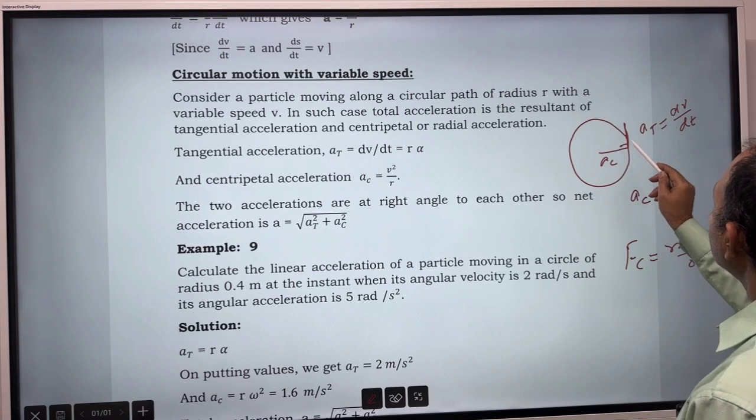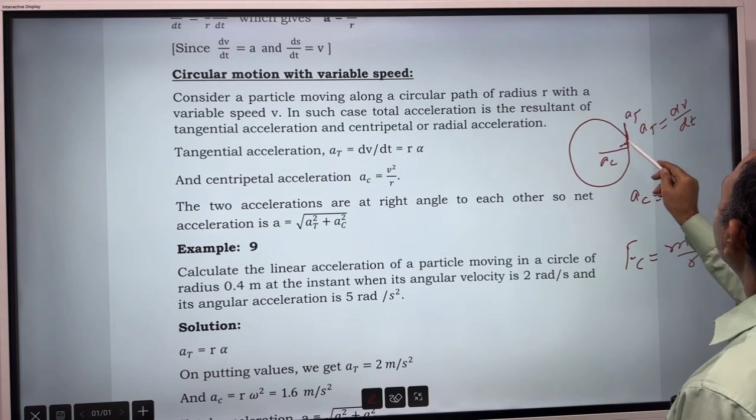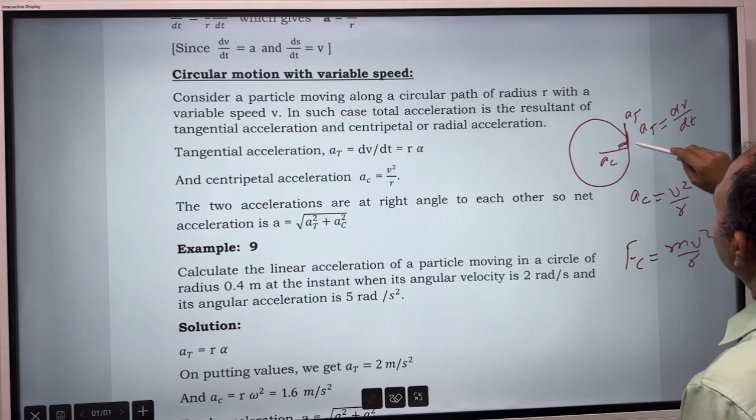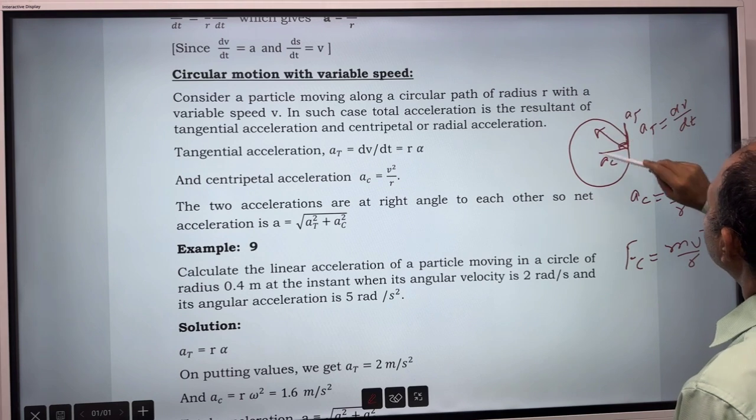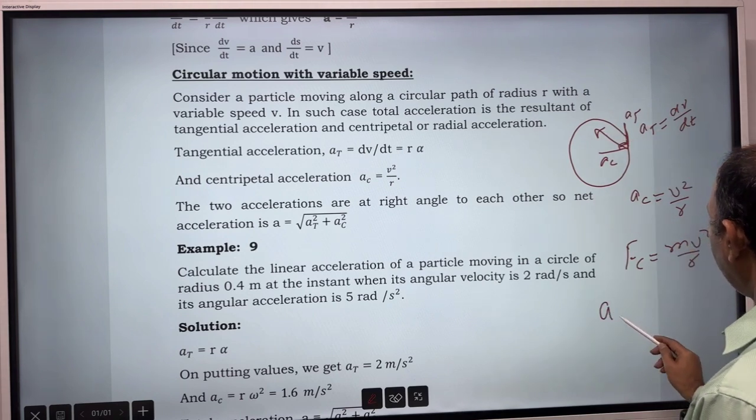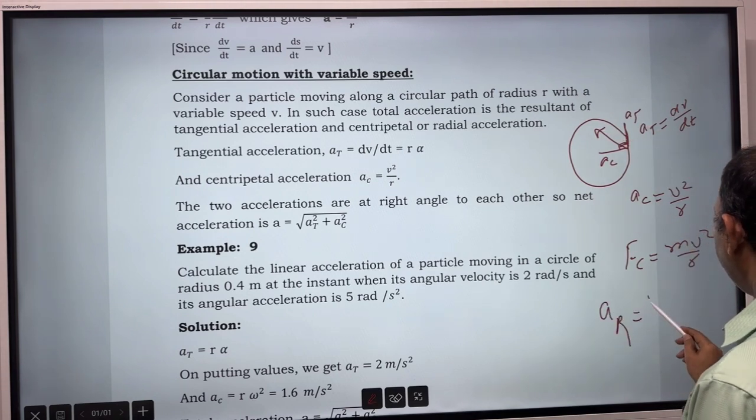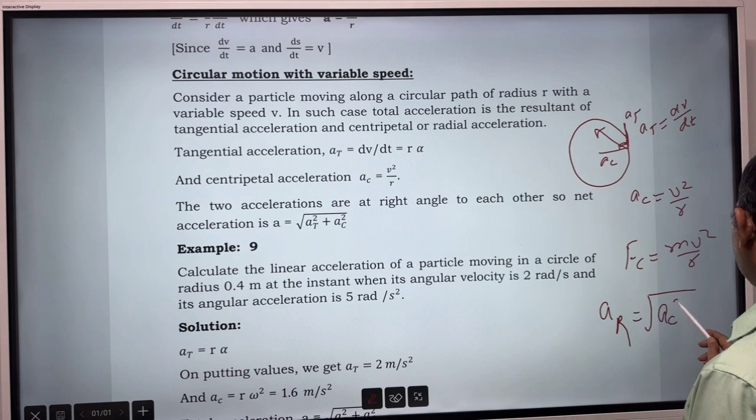These two accelerations are mutually perpendicular, so the resultant acceleration will be in this direction, and it will be given by A resultant equals the square root of AC square plus AT square.